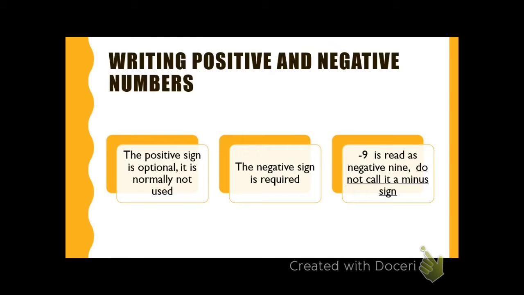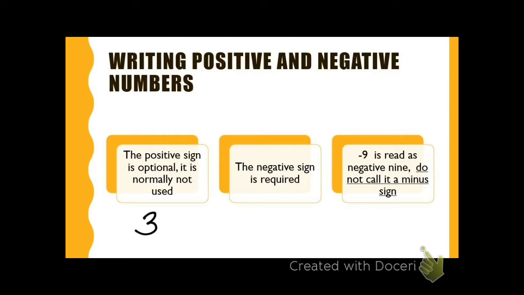Writing positive and negative numbers: a couple of things that you need to remember is you do not need to put a positive sign in front of a number. It's not what we normally do. It doesn't make it wrong, it's just not necessary. If I have the number 3, I know that's positive.